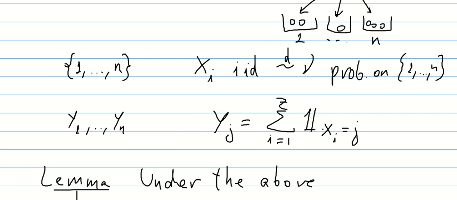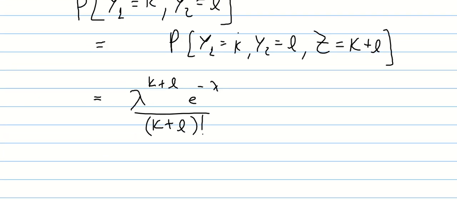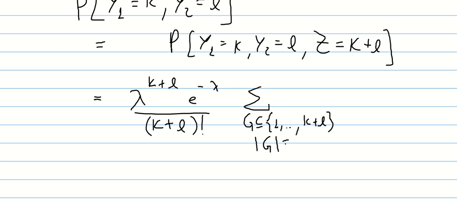I should have, so the x's are independent of z. So what is happening here is that we have a sum over all the possible choices G contained in 1 up to k plus L, such that the size of G is equal to k.